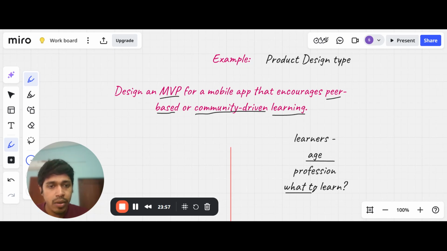So we can also categorize the users in terms of that, or we can categorize the users in terms of profession. This can be software developers, laymen, teachers, doctors, engineers, I don't know. So this is another way we can segment.